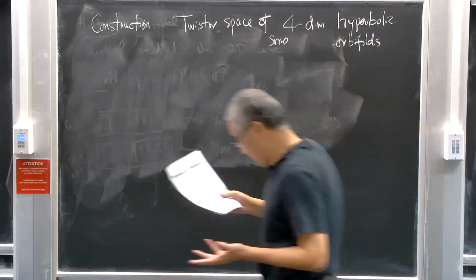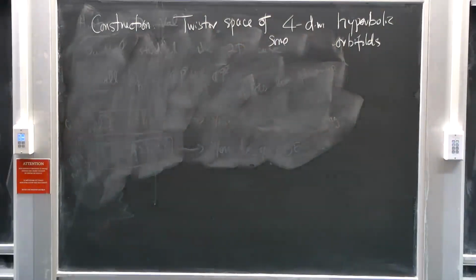The very specific kind of hyperbolic orbifold, assembled from right-angled polytopes.